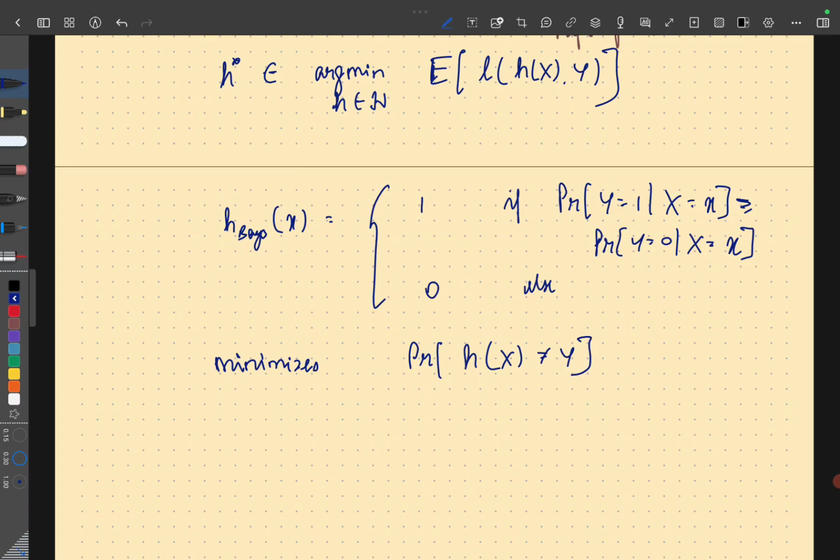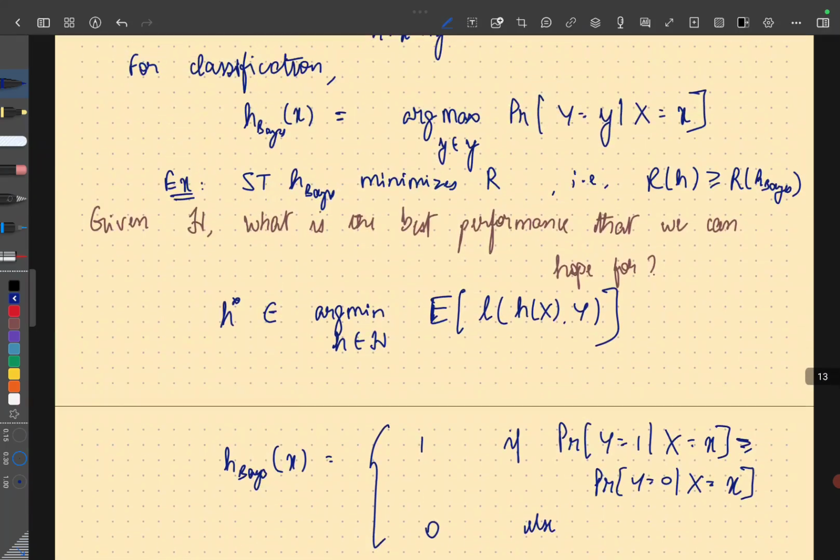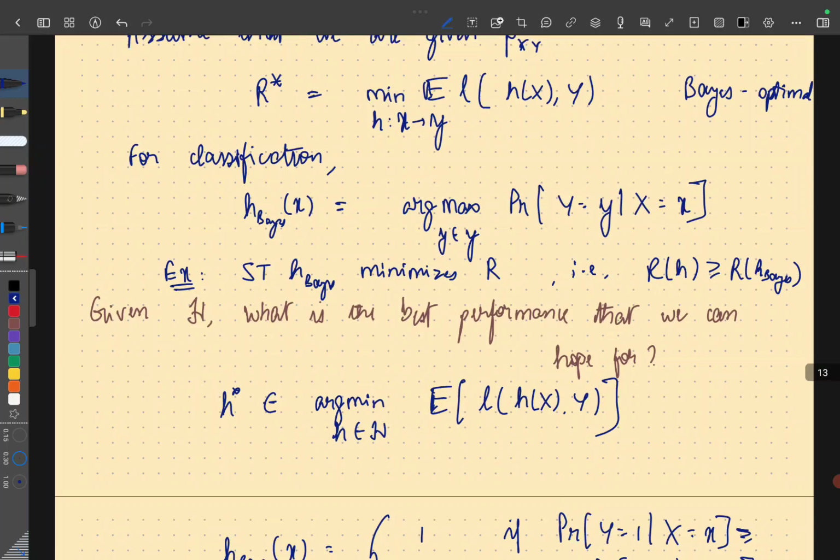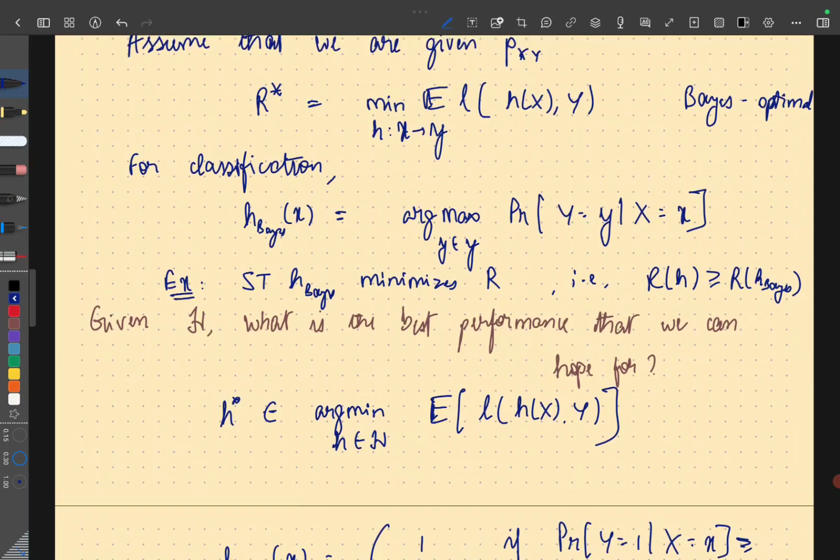So in a regression problem, if you want to minimize the squared error loss, then it turns out that the Bayes optimal solution is the expectation of y given x. The conditional expectation of y given x is the one that minimizes the mean squared error. So if you change the loss function, then the form of the Bayes optimal solution will also change.